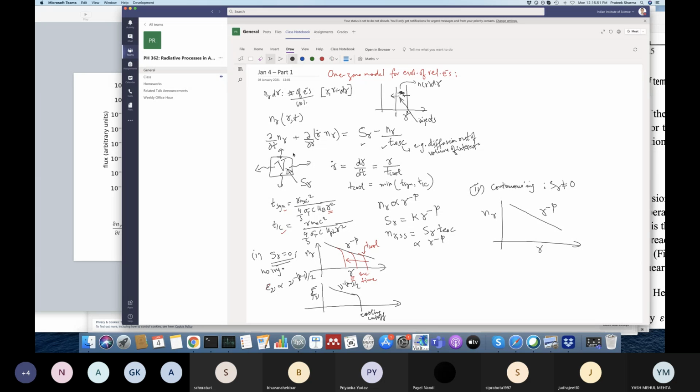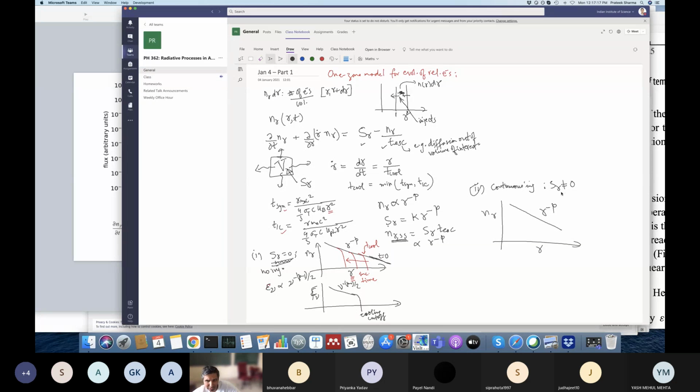In absence of cooling, you also get a gamma to the minus p in steady state. Now what happens if you have cooling? This was the S gamma equal to 0 case, where you somehow created these electrons at t equal to 0 and let them go.